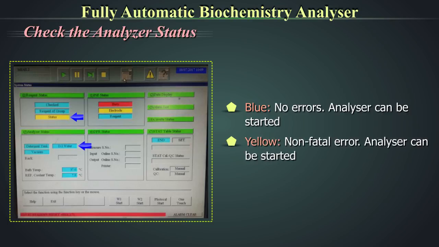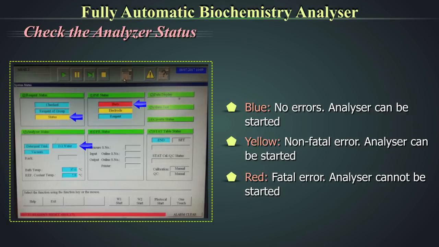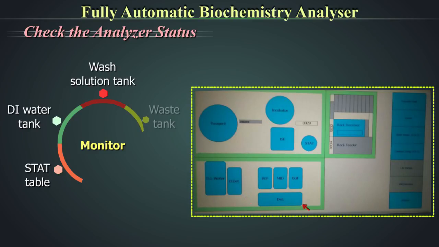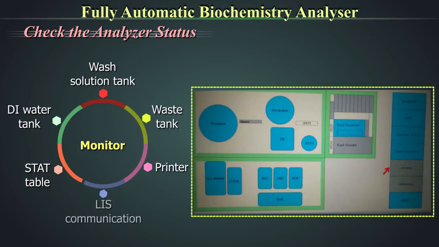Yellow is non-fatal error, the analyzer can be started. Red is fatal error, the analyzer cannot be started. The stat table, deionized water tank, wash solution tank, waste tank, printer, and the LIS communication are also monitored similarly.